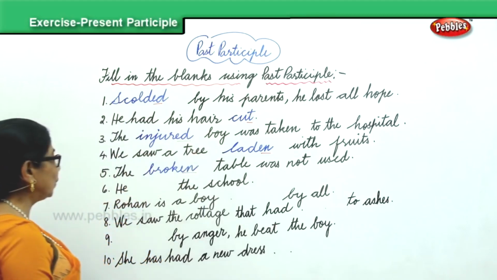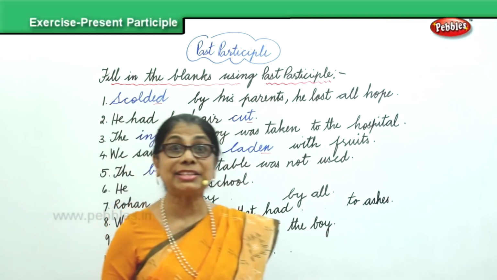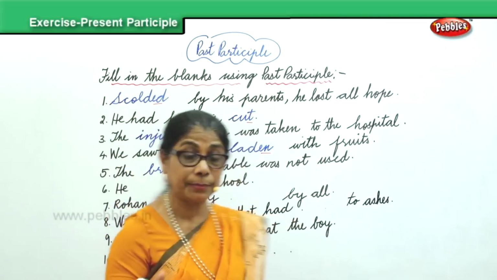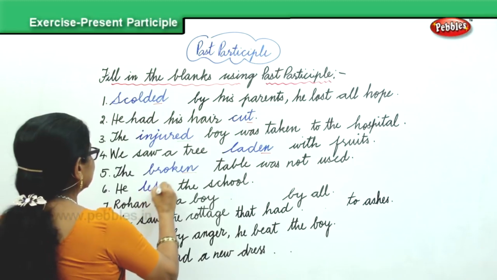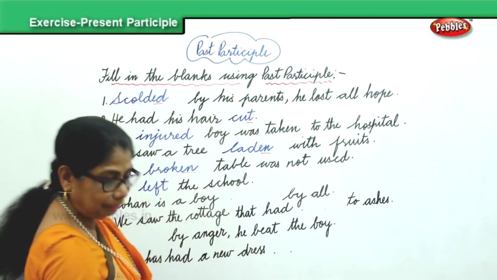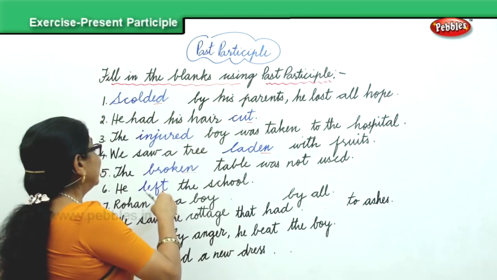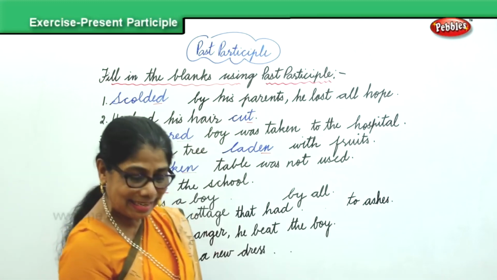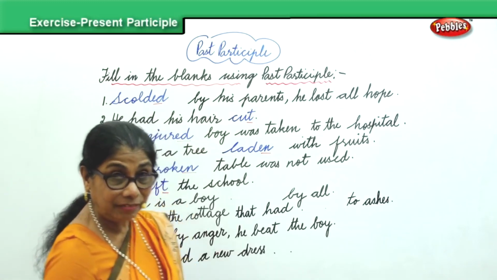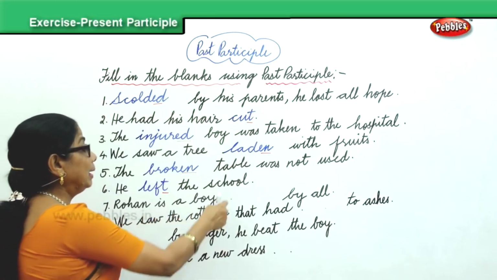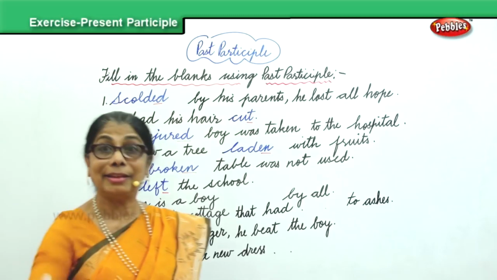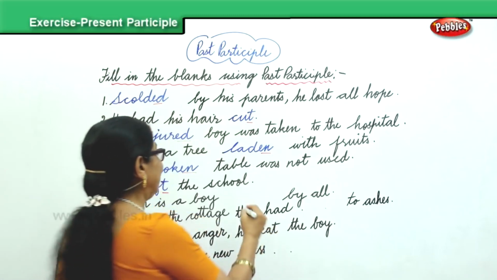Then the sixth one, he dash the school. He left the school. Here the verb ends in t. Rohan is a boy dash by all. Good, liked by all.